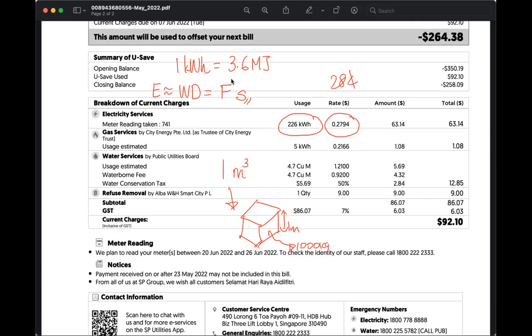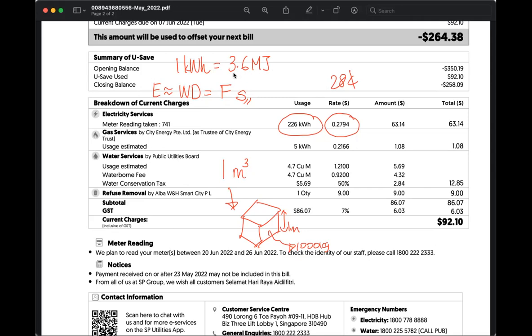So for example, 3.6 million joule of work done means you have 1 Newton of force pushing a box in one direction. You can push it for 3.6 million meter. That's a very long distance, so that the work done will be 3.6 million joules.